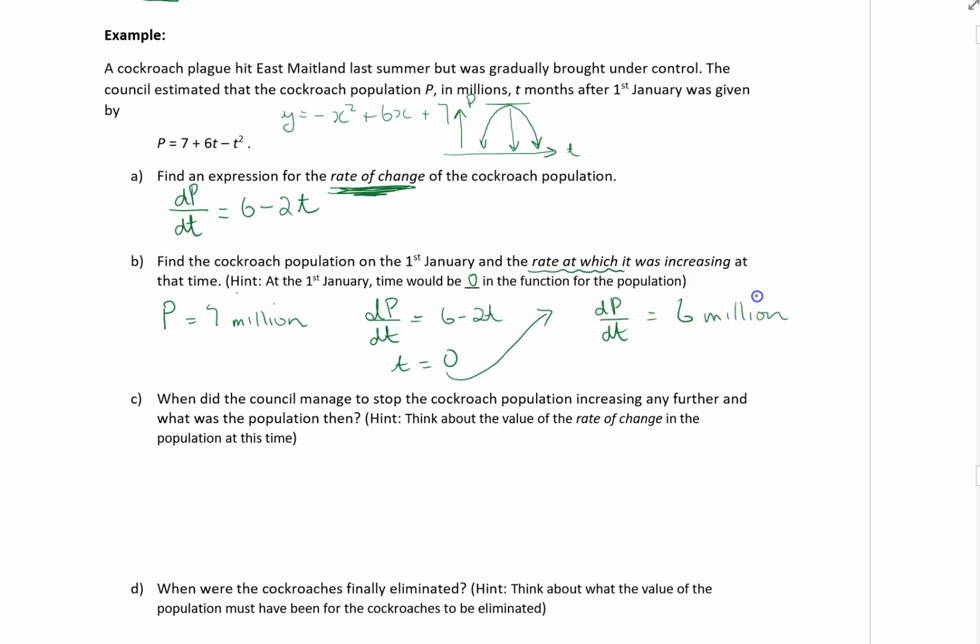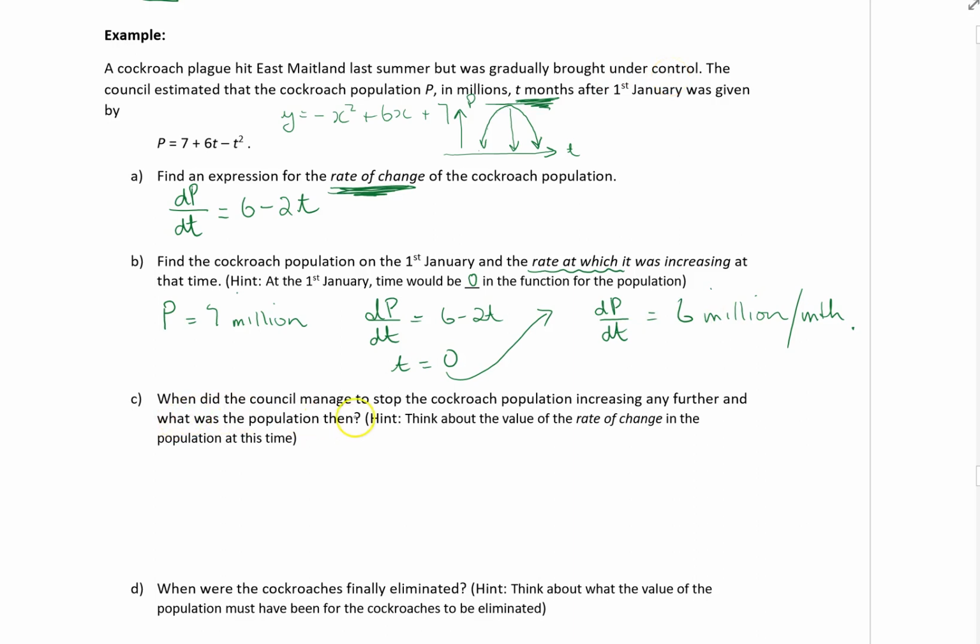So the rate at which it is changing is, it's increasing at this stage. It's a positive number. It's increasing at 6 million per month. So that's pretty serious, isn't it? Yeah, we've got a plague of cockroaches. So no wonder they needed to bring it under control.